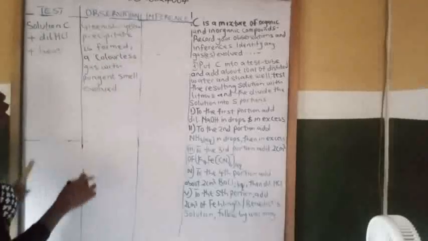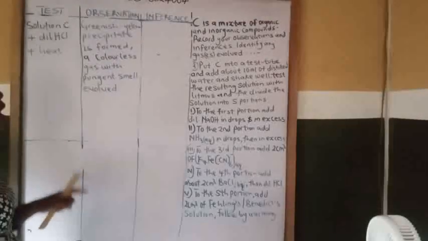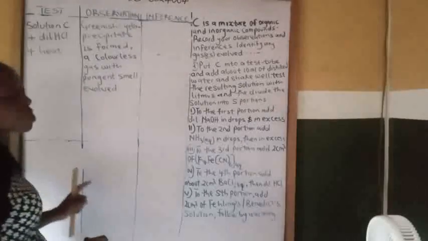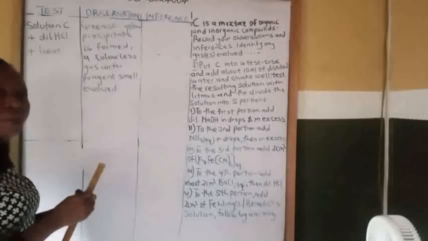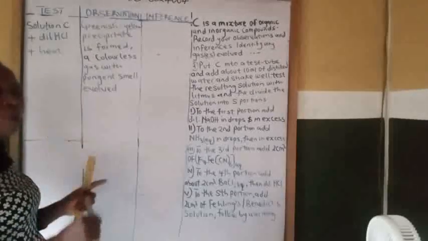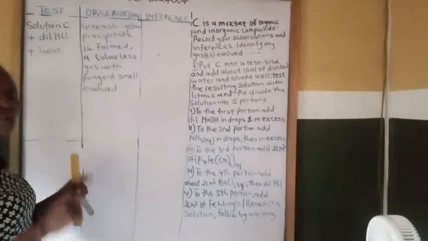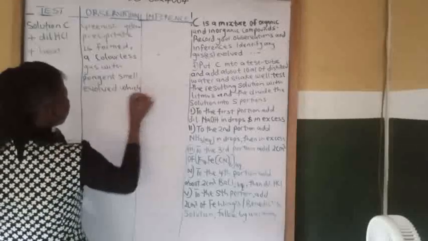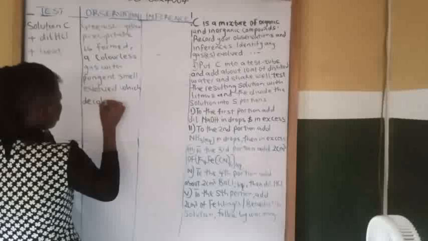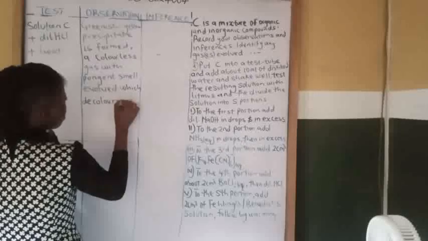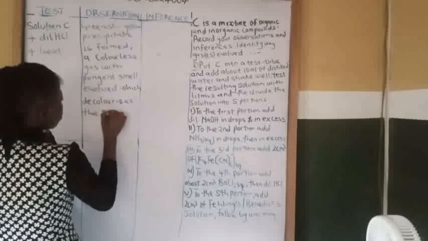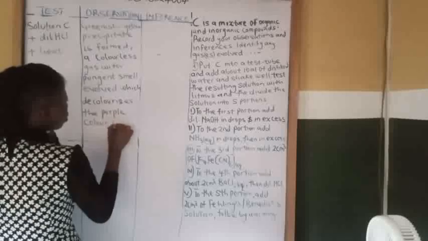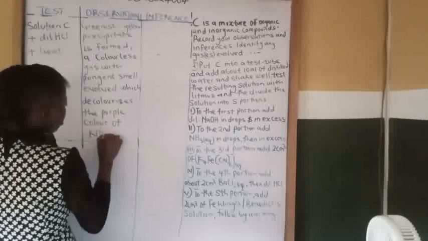Then how can we test for that colorless gas with pungent smell, which is SO2? You use either KMnO4, the purple color of KMnO4. Addition of SO2 gas will decolorize that purple color. So you can say which decolorizes the purple color of KMnO4.